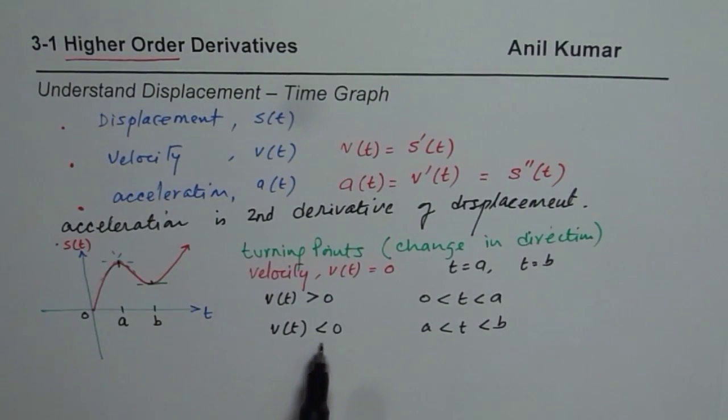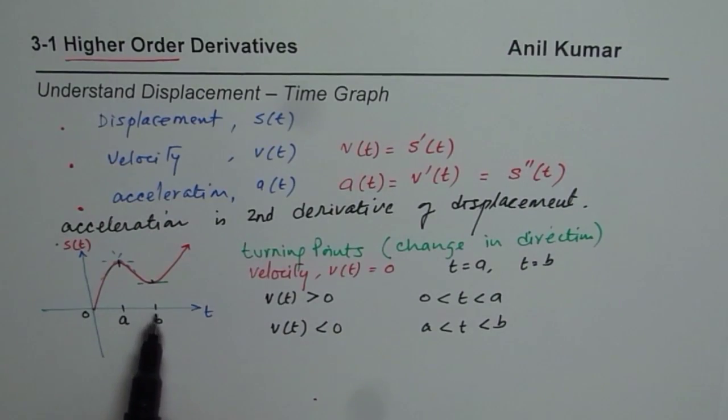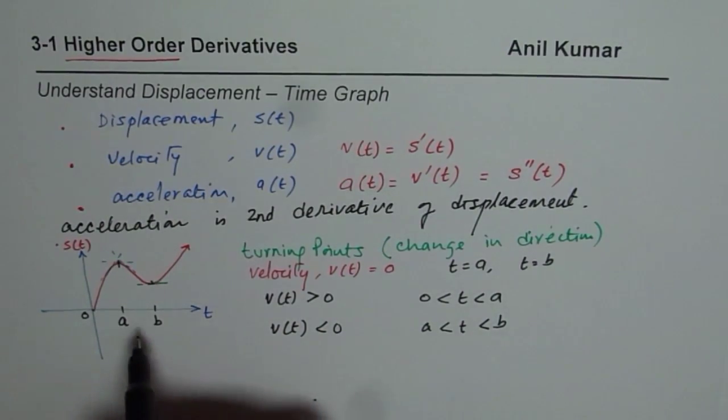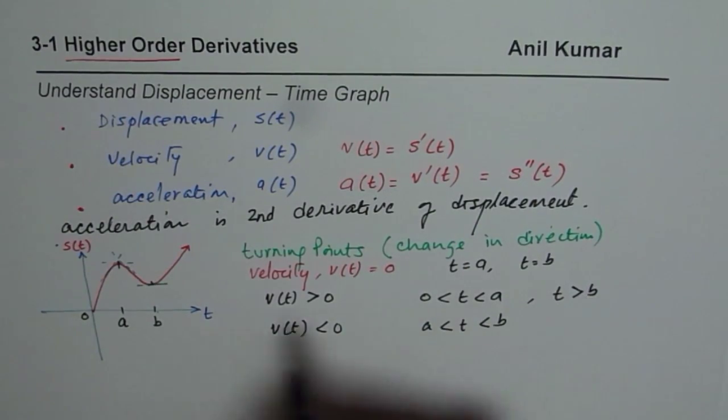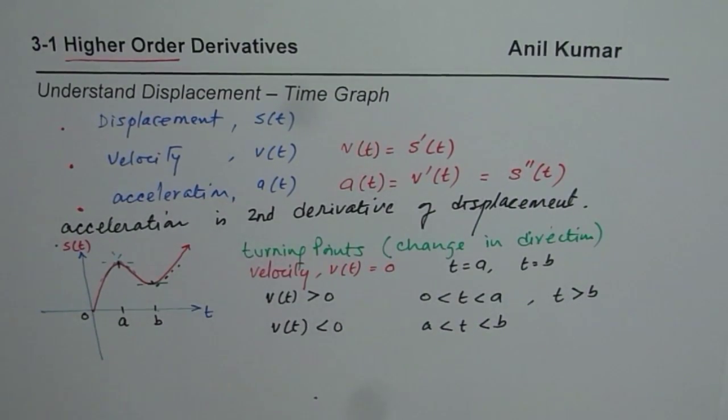Since the tangent has negative slope, velocity is negative from time A to B, right? However, after B, so if t is greater than B, then again it is positive slope, right? So the velocity is greater than 0, correct?